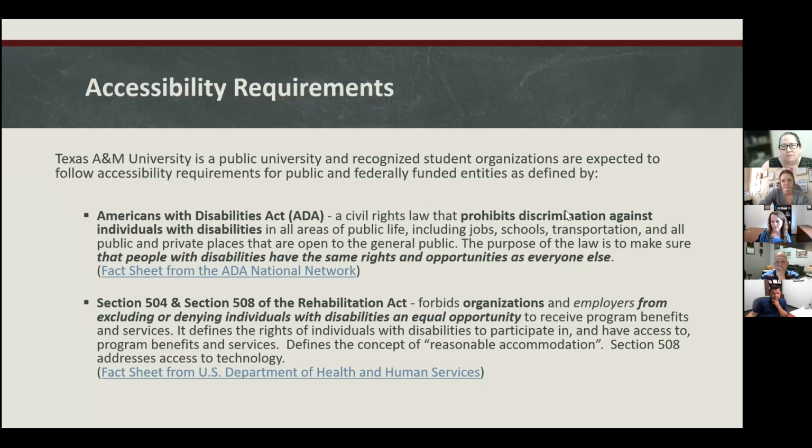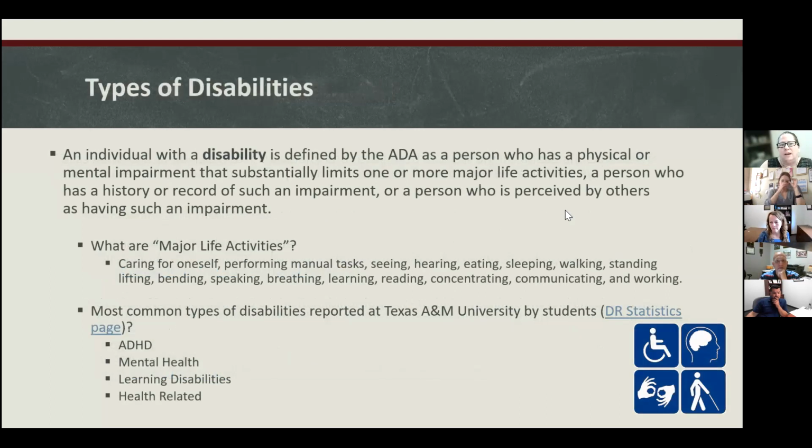And then Section 504 and 508 of the Rehabilitation Act forbids excluding or denying access to individuals with disabilities, so that they have that equal opportunity. So think about the things that your organizations do or put on or the facilities you use, and could you potentially be denying access or not providing the opportunity to others if you're not doing certain things or preparing for that? That's what we're going to focus on today.